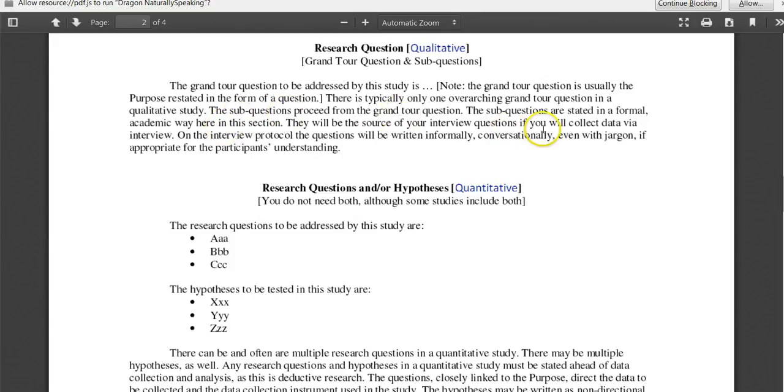Those sub-questions are stated in formal academic ways in our section 1. Later, when we write our interview protocol, we'll return to those academic sub-questions, and we'll convert them into very conversational language without jargon, and those will become the interview protocol, the questions that we actually ask our participants.